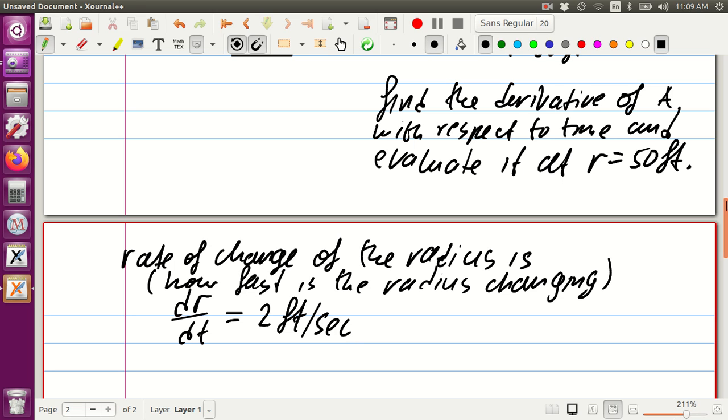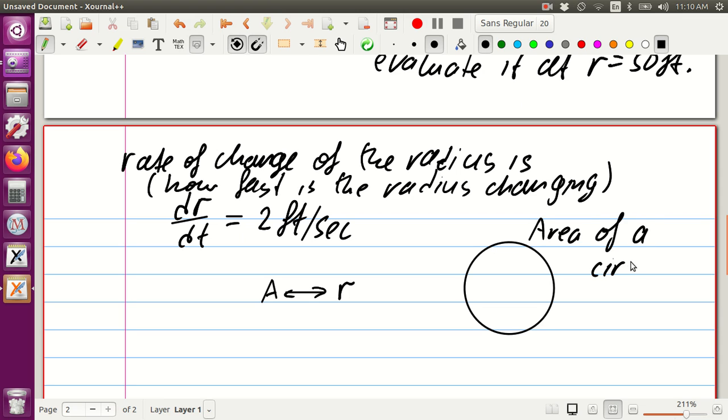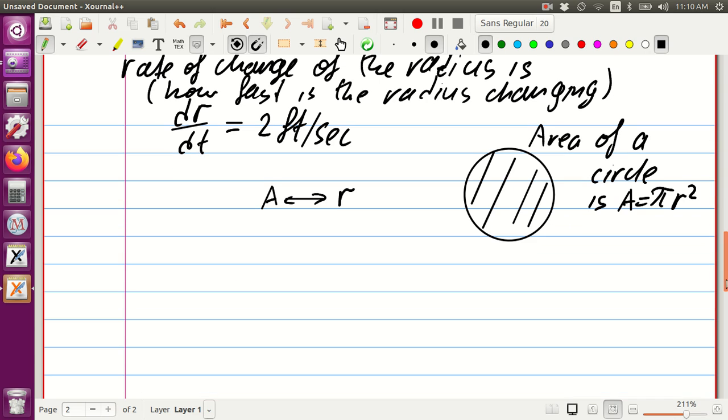Alright, so what do we want to relate? We want to relate the area to the radius. So if we have a circle, we know that the area of a circle is A equals pi r squared. Right? This way we can find the area of a circle. So in this particular problem, A is not really fixed.